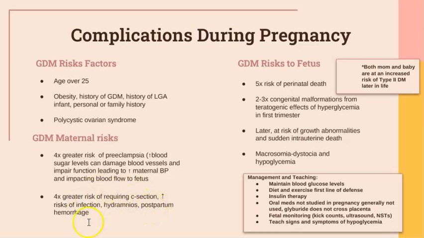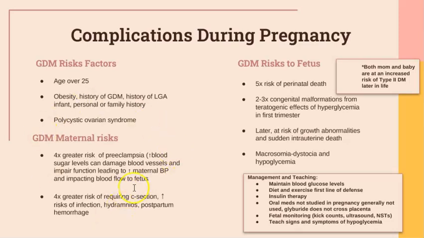Most of the time, this C-section is because you are having a large baby, and the risks of infection and postpartum hemorrhage are because of the C-section. Hydramnios, or polyhydramnios, is a lot of fluid inside the amniotic sac. They think that's because of the extra urine from the fetus.